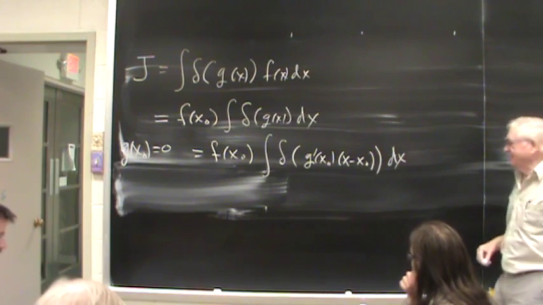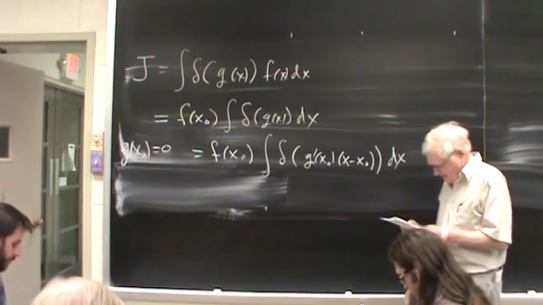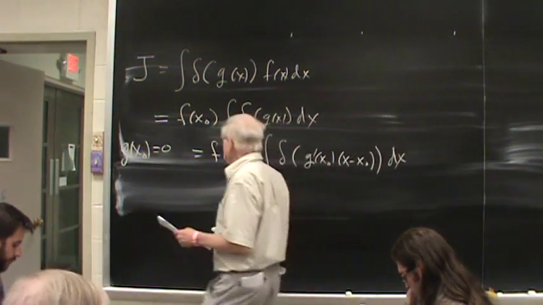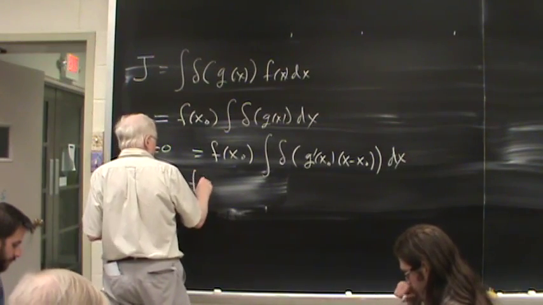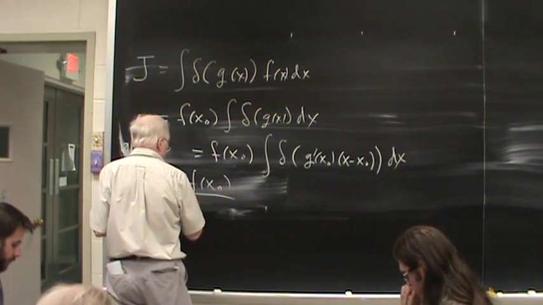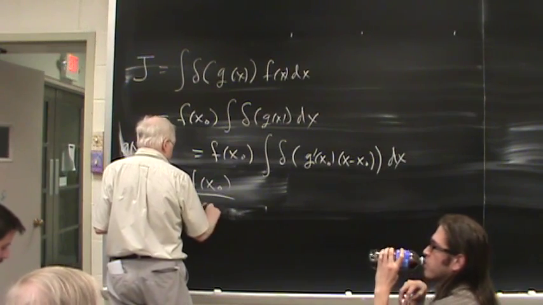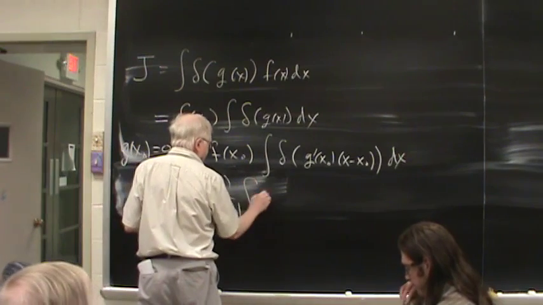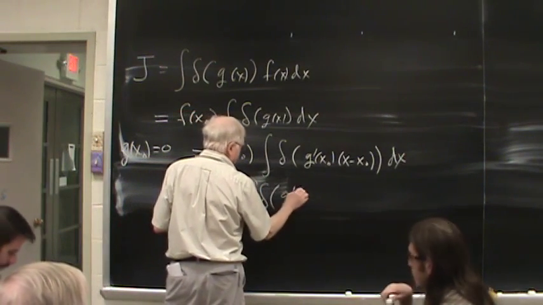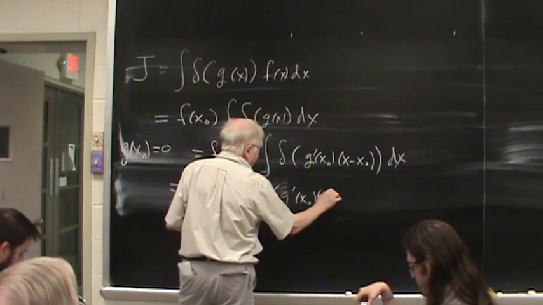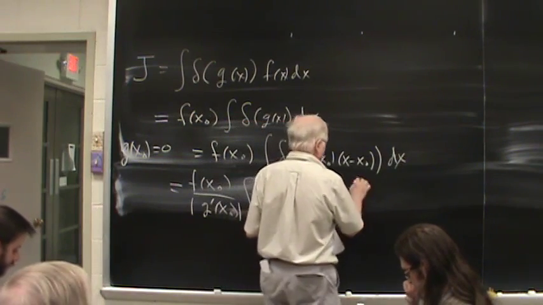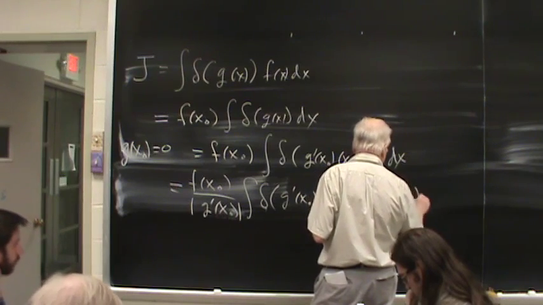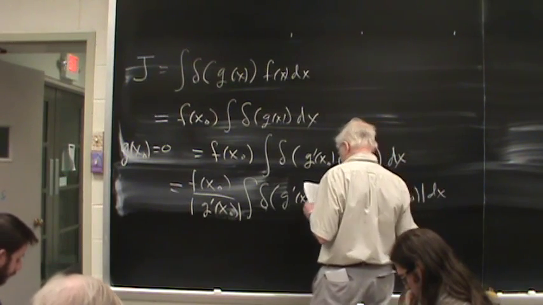Okay, so that's what we've got. And now we're going to do something that's a little bit silly. I'm going to write that as f of x0 divided by the absolute value of g prime at x0, times the integral of delta of g prime of x0 times x minus x0, times the absolute value of g prime of x0, dx.